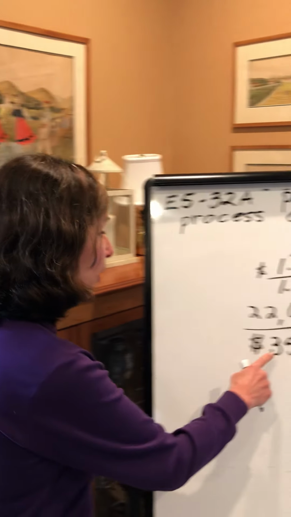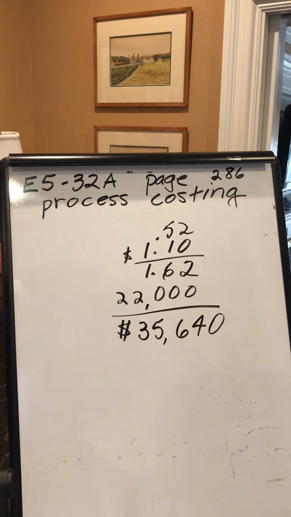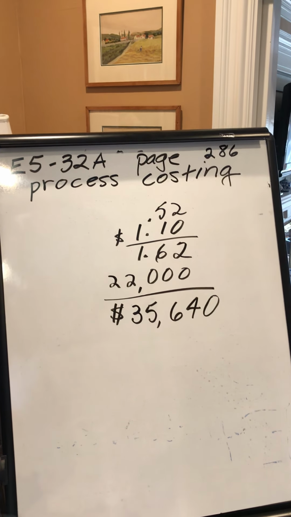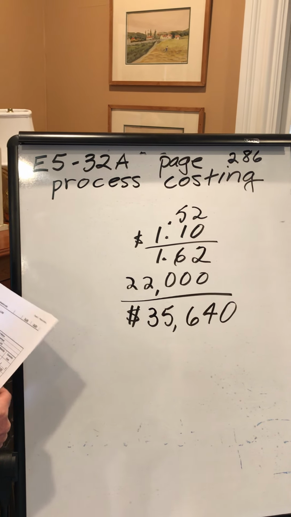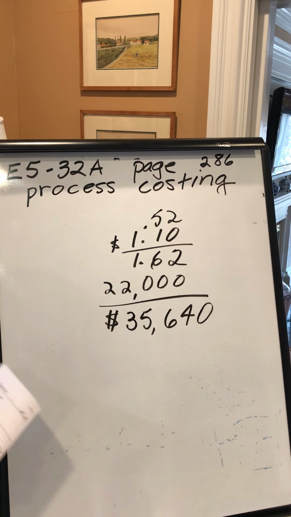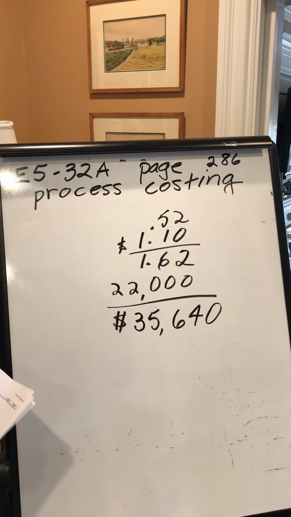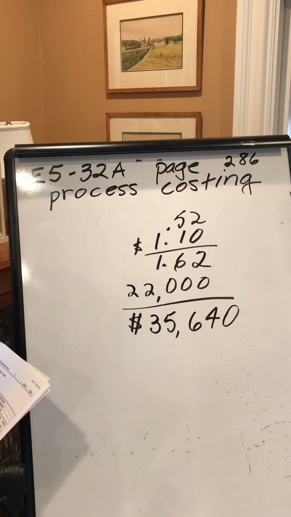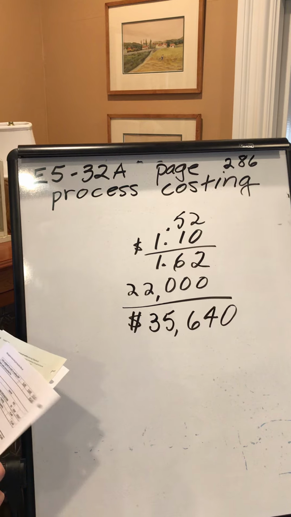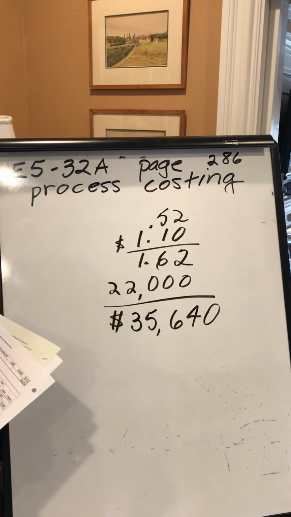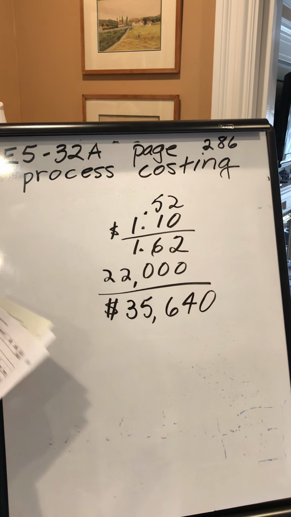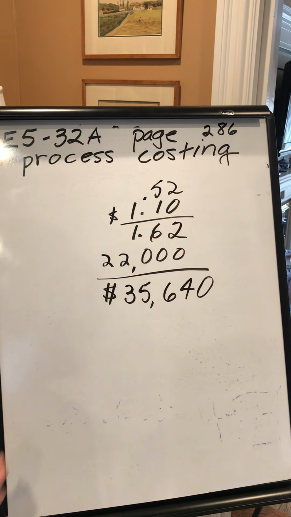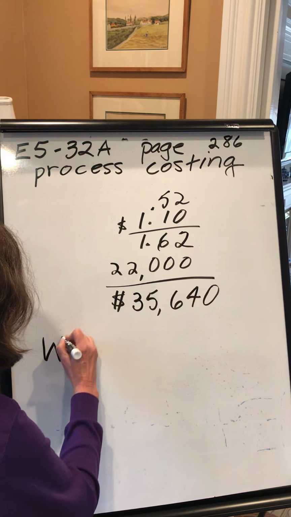So we are going to move $35,000 from the department they are in, which, did they tell us which department they were in? We're going to move the $35,000 from work in process in the assembly department to the testing department. So here's the debit.